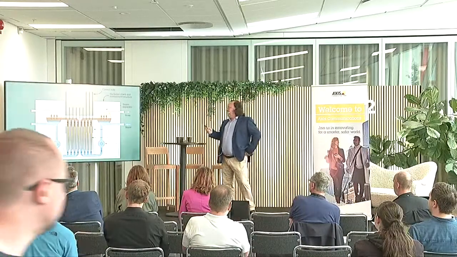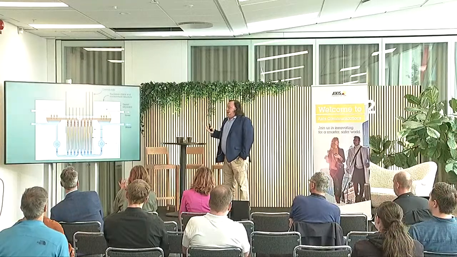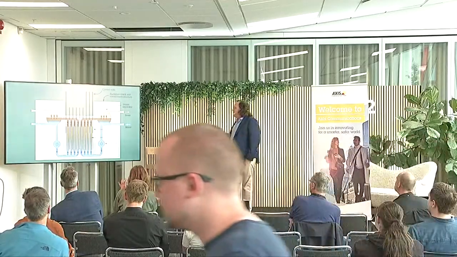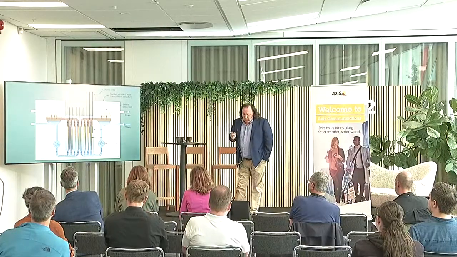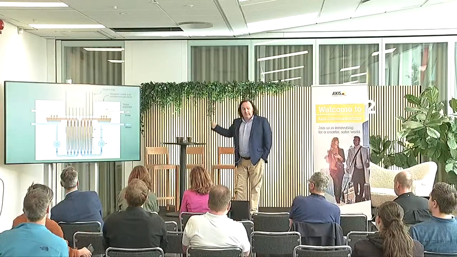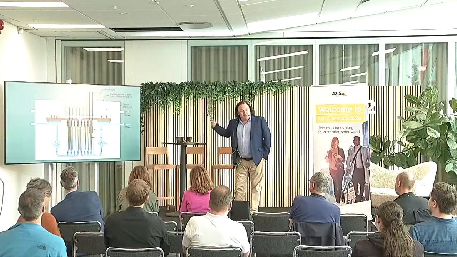So this is basically a schematic of what happens in a nuclear power plant, right? You have water that's used to both cool the core and to generate fission in order to generate steam, in order for there to be electricity at the end of it.